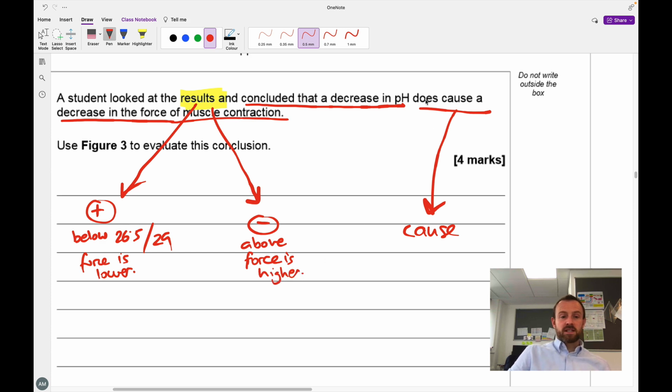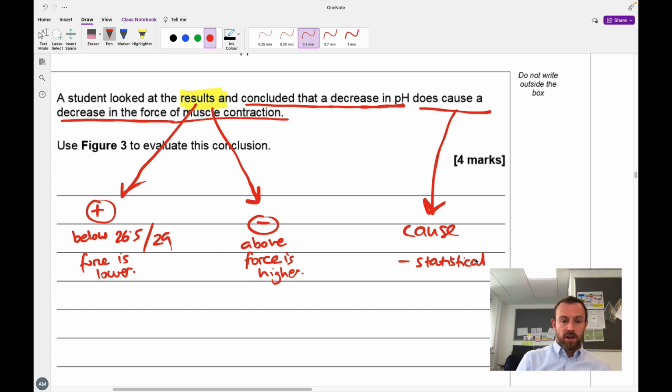Now, does it cause a decrease in the force of muscle contraction? There are no statistics here. In order to prove that there is causality and the results are significant, we need to do a statistical test. So you'd say there's no statistical test, therefore we cannot prove that the results are significant.